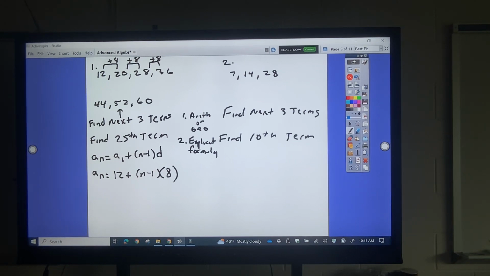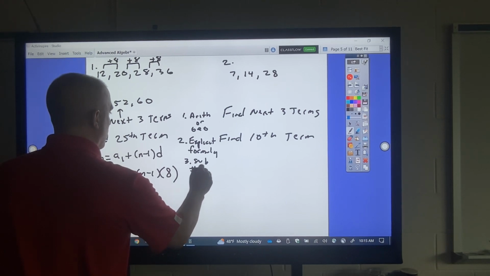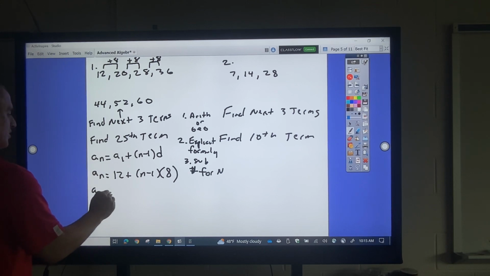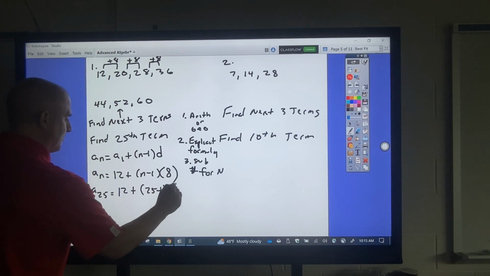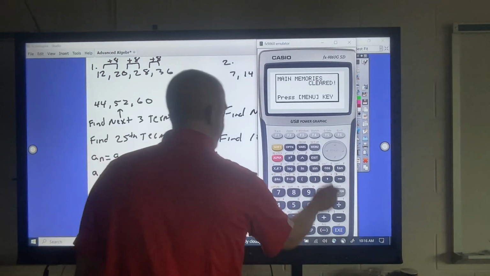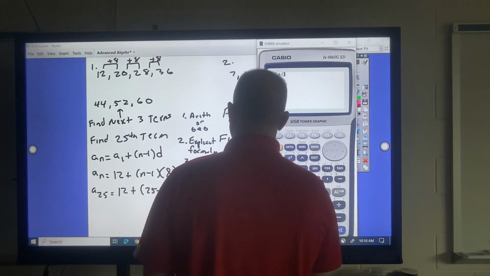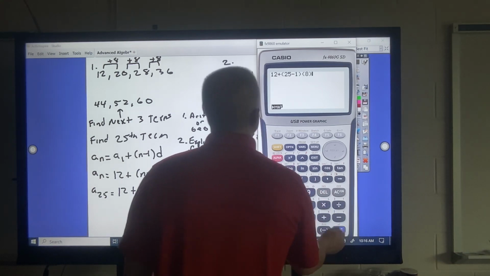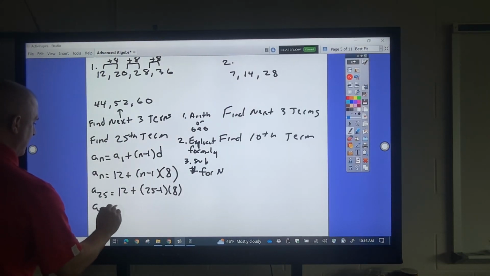Now to find the 25th term, all you've got to do is sub in the number for n. So A_25, which means the 25th term, is 12 plus (25 minus 1) times 8. I just have to calculate that in my calculator. Whoops, too many minuses. And that 25th term is 204. And that's how you do that.